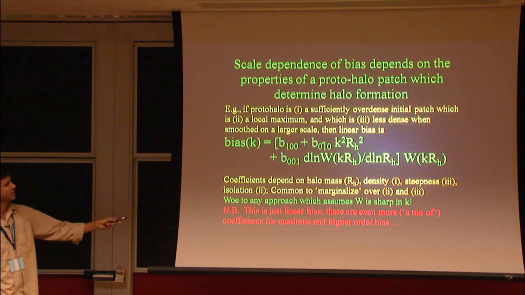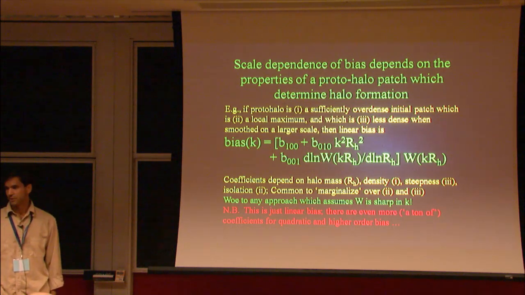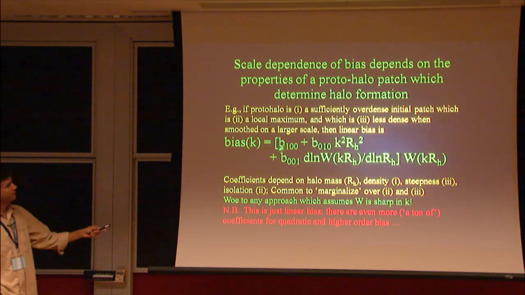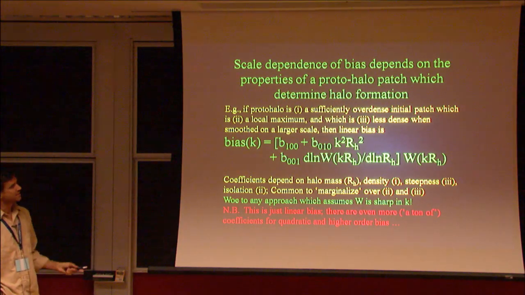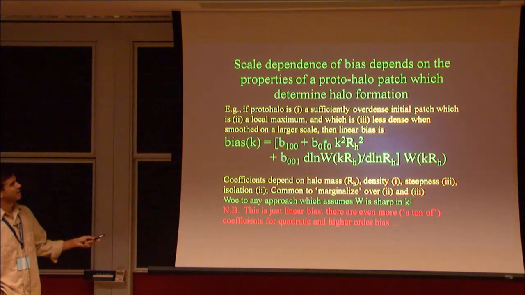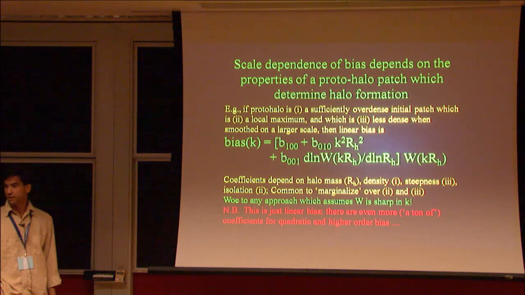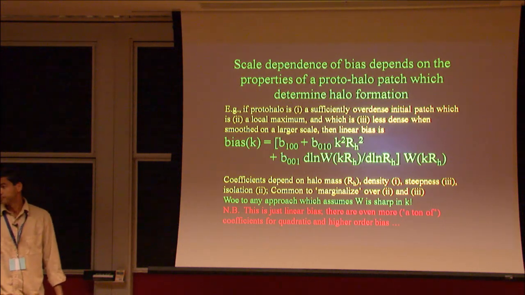So the bias factor is not k dependent, but it is multiplying something that depends on k. Generically, that first term is a k squared. These coefficients will depend on halo mass, and how many you have depends on what it takes to define a halo, which we don't know a priori.